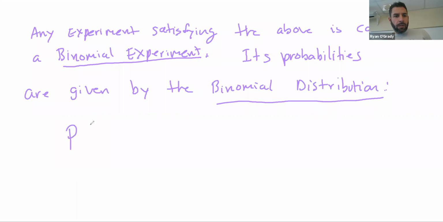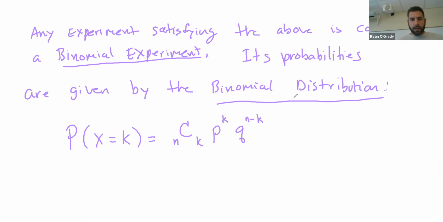So the probability that one of the random variables takes on a number k is given by, you take n choose k, and then you multiply it by the following. You take p to the power k times q. Now this is going to scare the heck out of you, times q to the power n minus k.